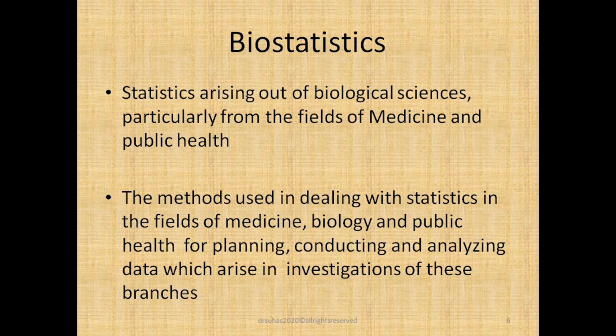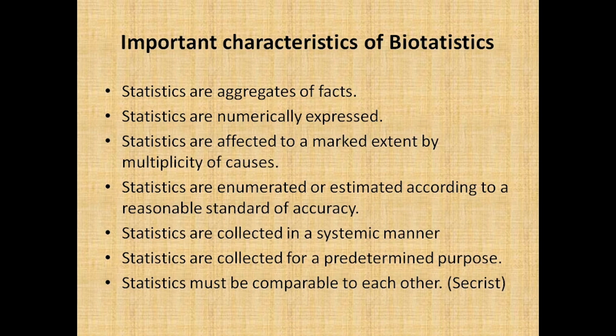Statistics arising out of the biological sciences, especially from the field of medicine and public health, is known as biostatistics. To add, the methods used in dealing with statistics in the field of medicine, biology, and public health for planning, conducting, and analyzing the data which arise in the investigation of these branches are called biostatistics.